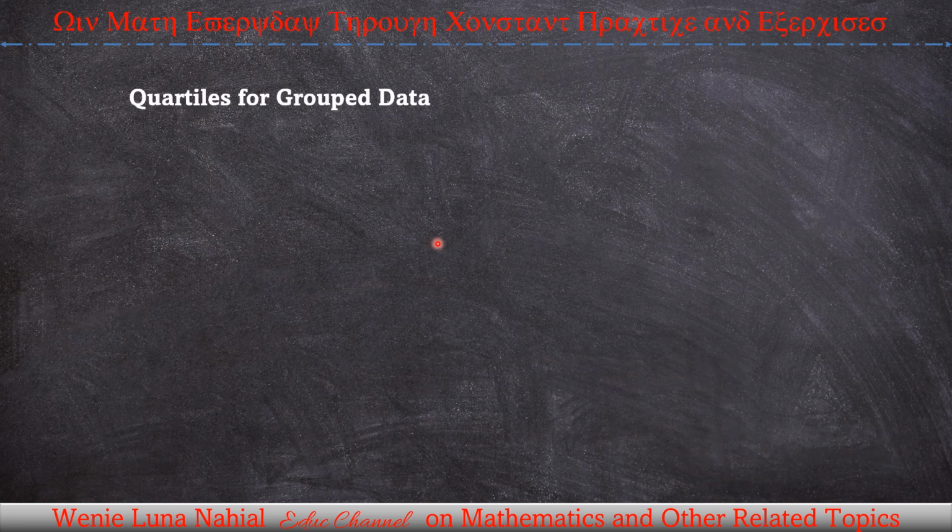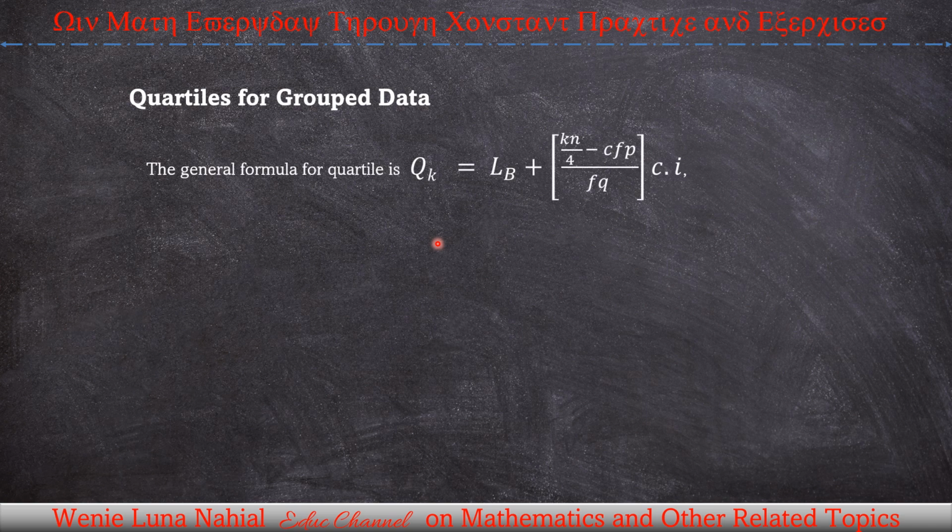Now, quartiles for group data. So you have to use this general formula for quartile. So Q sub K equals L sub B, that is the lower boundary, plus Kn over 4 minus CFP over FQ times CI. Our n here is the number of observations, where Q sub K is the indicated quartile, and our K is 1, 2, 3.